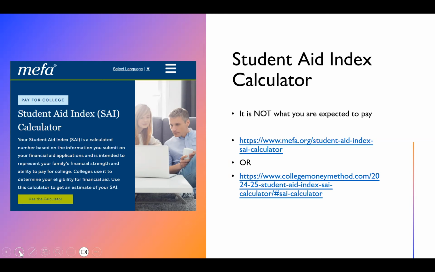There are several different websites where you can put in details on your income and assets, your child's income and assets, and you will be able to get an estimate of what is known as the student aid index. Now, a student aid index is not what you are expected to pay. That's part of why they changed the calculations on the FAFSA form, because it was confusing people.